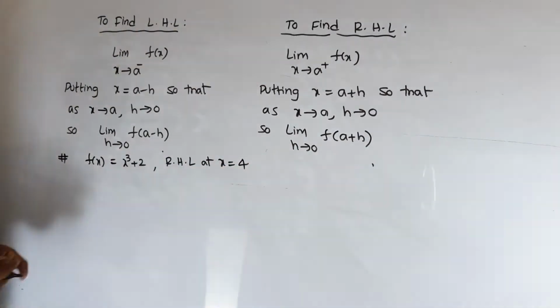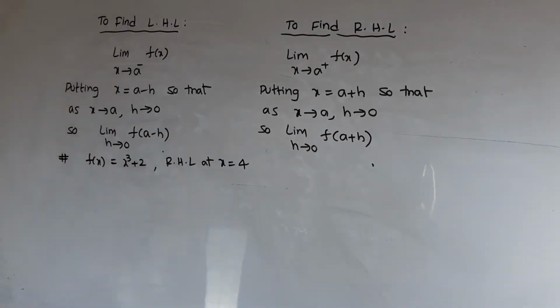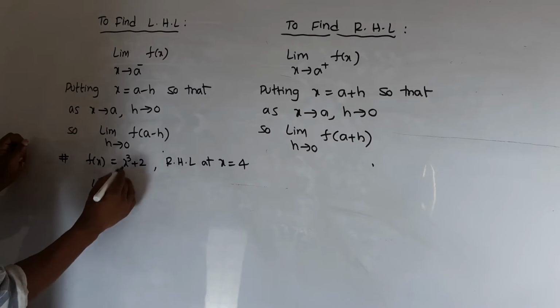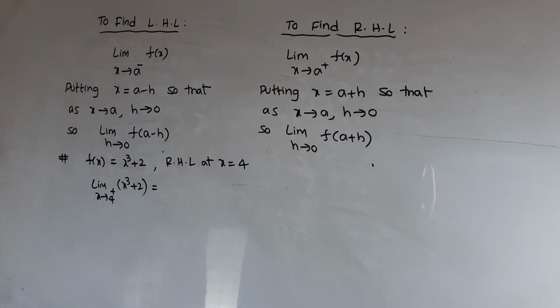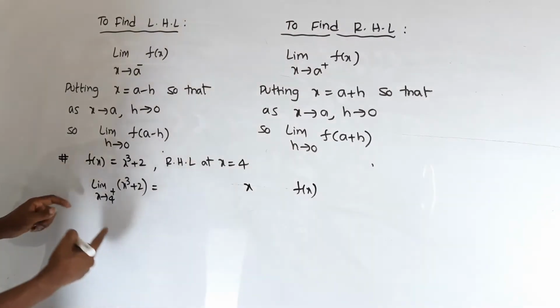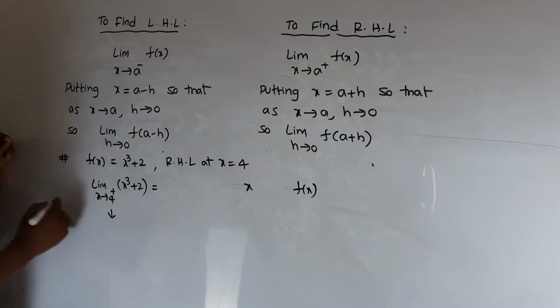The right hand limit is limit x tends to 4 plus of f of x, where f of x is x cube plus 2. Here 4 plus means x is closer to 4 from the right hand side.